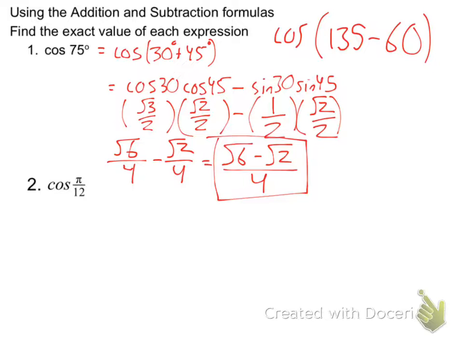So, what are all the different types of angles in radians that you encounter? You would encounter things like pi over 6, pi over 3, pi over 4, pi over 2, and pi.